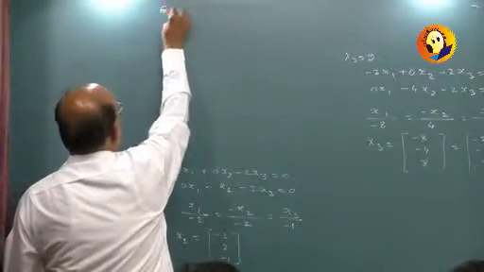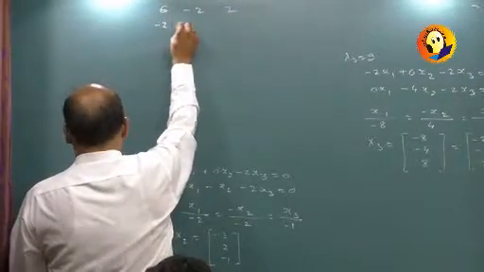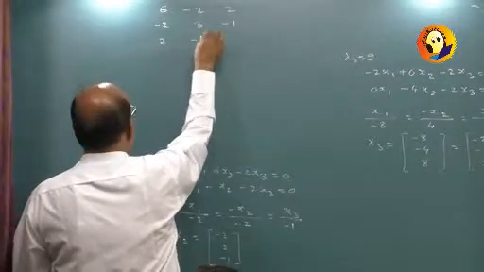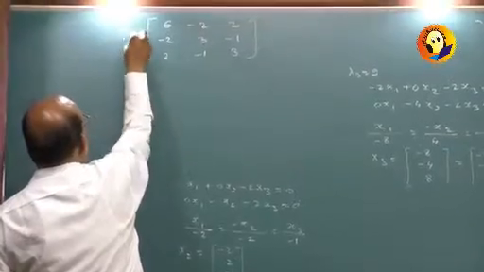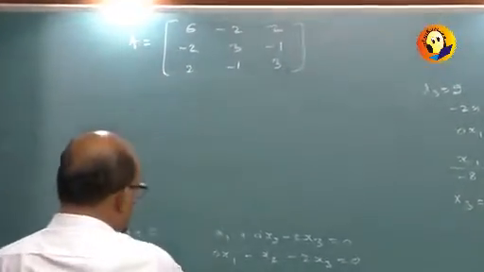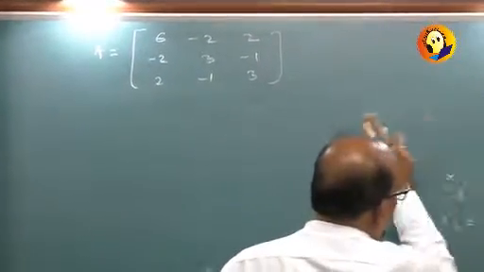It is 6 minus 2, 2, minus 2, 3 minus 1, and 2 minus 1, 3. We need to observe before proceeding whether the matrix is symmetric or non-symmetric. Here it is symmetric.